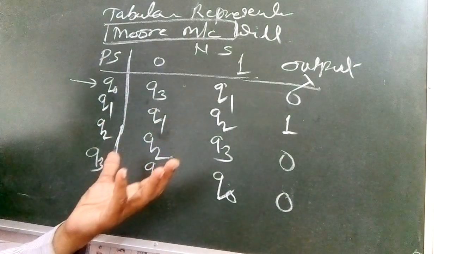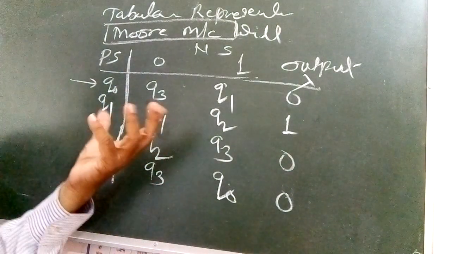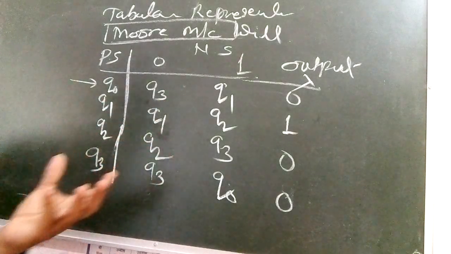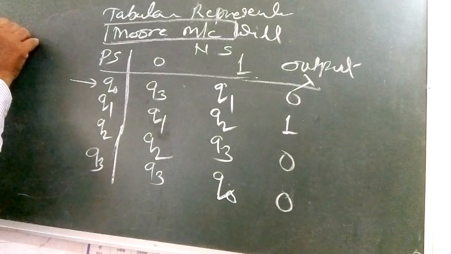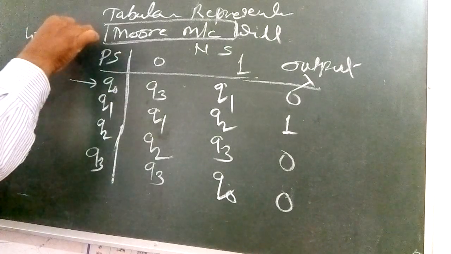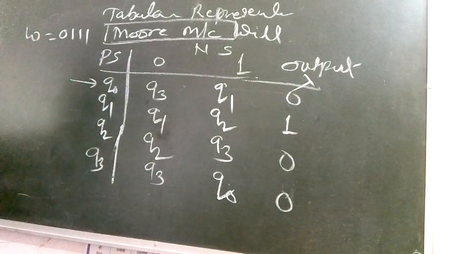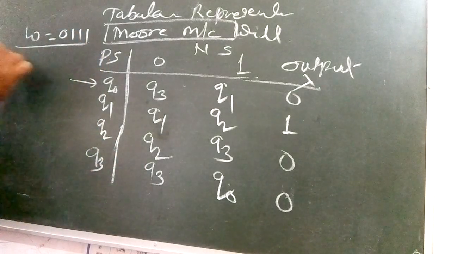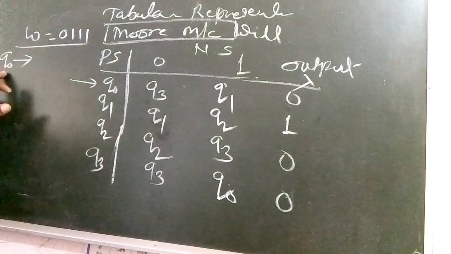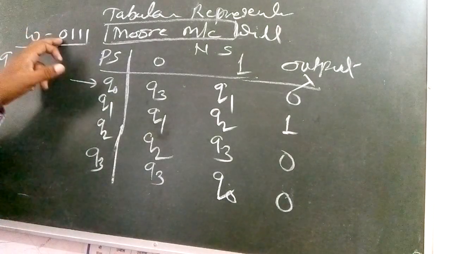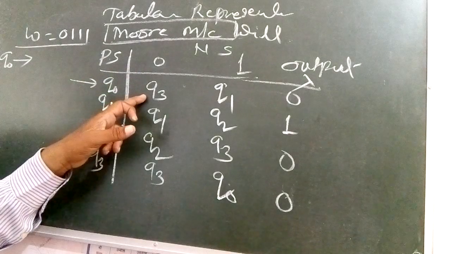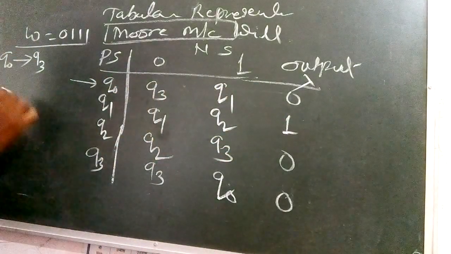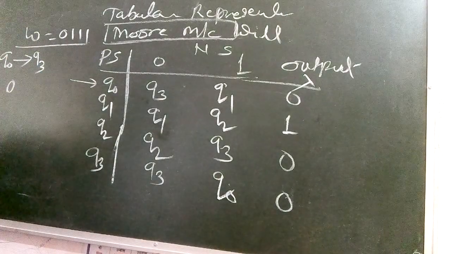Using this table, if we generate the transition for some string, let the string be 0 1 1. From starting state Q0, for input 0, it will go to state Q3 and the machine's output will be 0.